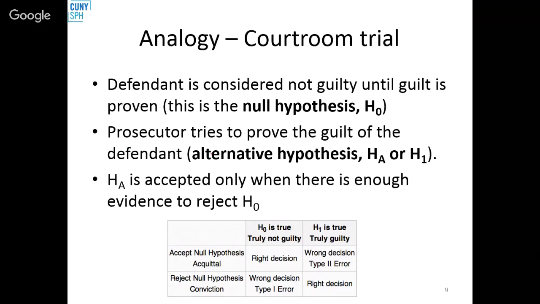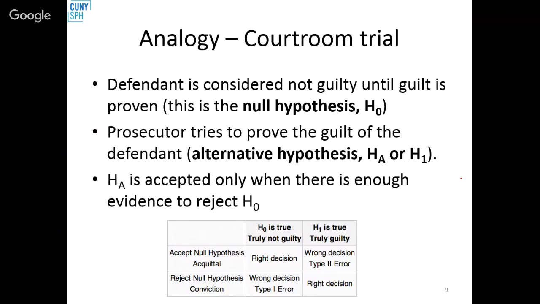And then in the courtroom, the prosecutor tries to prove the guilt of the defendant. Based on that evidence, they are trying to get the jury to choose an alternative hypothesis. We will call that HA or H1. That is the thing that is different from what has been originally assumed and the thing that requires evidence to prove. It is only accepted when there is enough evidence to reject H0.